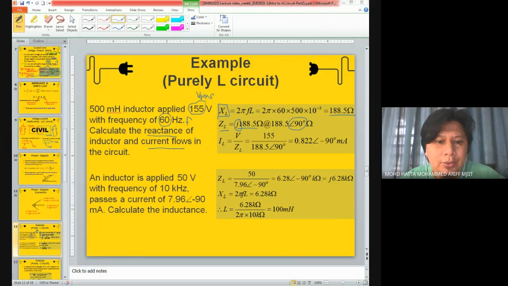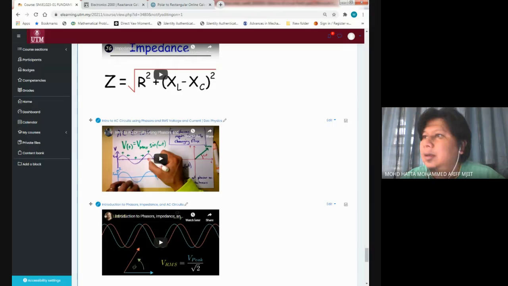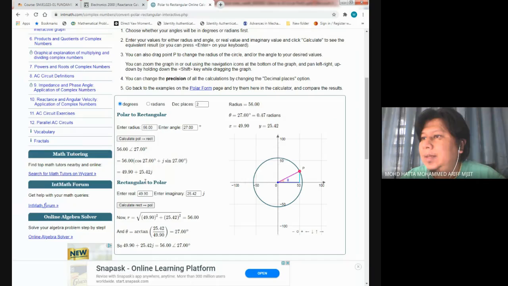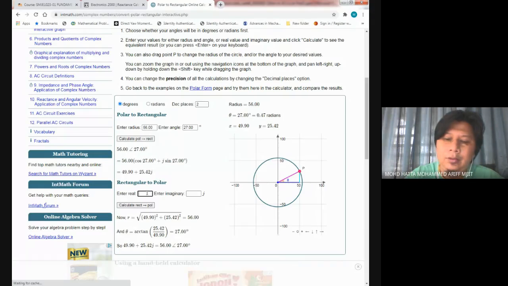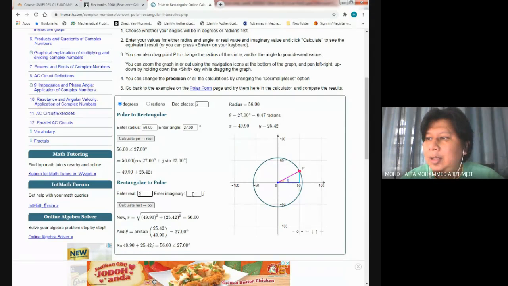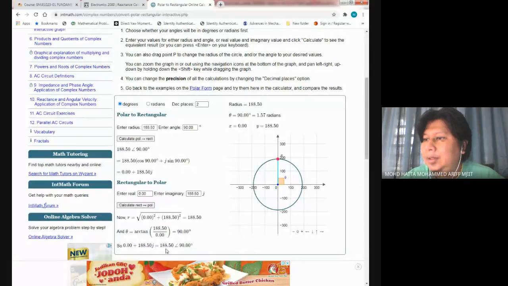Let me show you what I'm talking about. All right, here, now we know that we need to convert from rectangular to polar form. The real part value is 0, and the imaginary value is 118.5. So if you try to convert, it will give you 118.5 with the angle of 90 degrees.